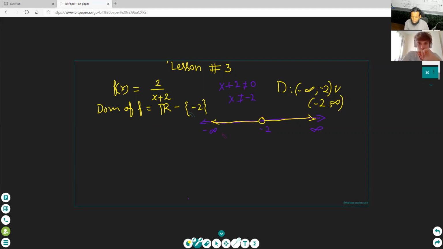And how can we get the range? For the purpose of range, we first need to know the inverse of the function. We should know the method. How can we get the inverse of a function? Domain is this.